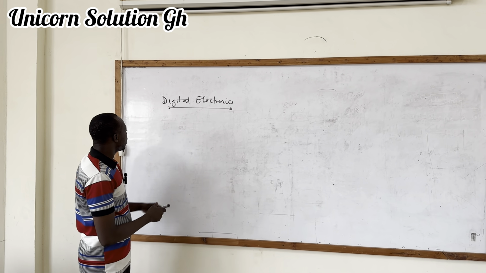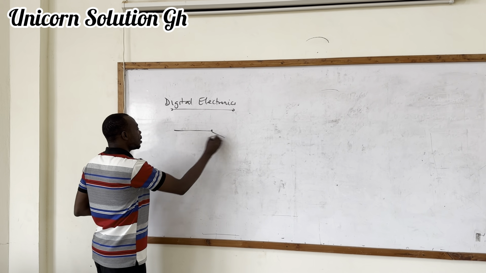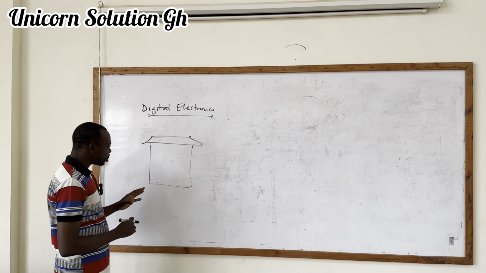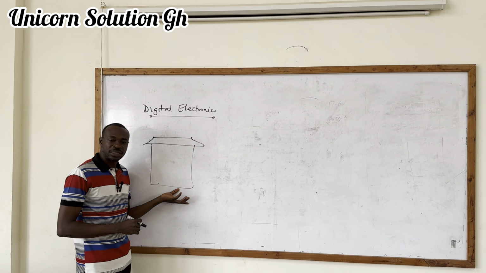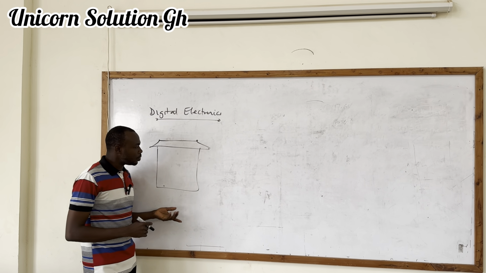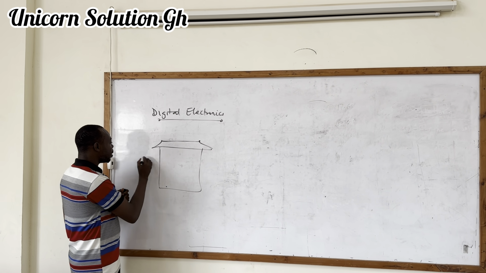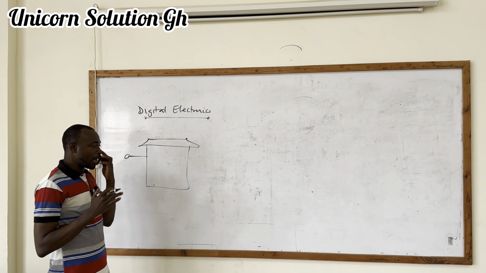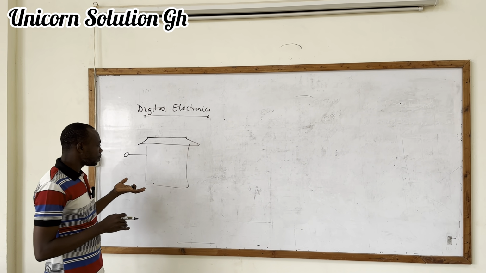So let's see. Assuming we have a building or a house, this house actually wants to apply some intrusion detection system. So we say that if I have maybe a human sensor, specifically a passive infrared sensor.